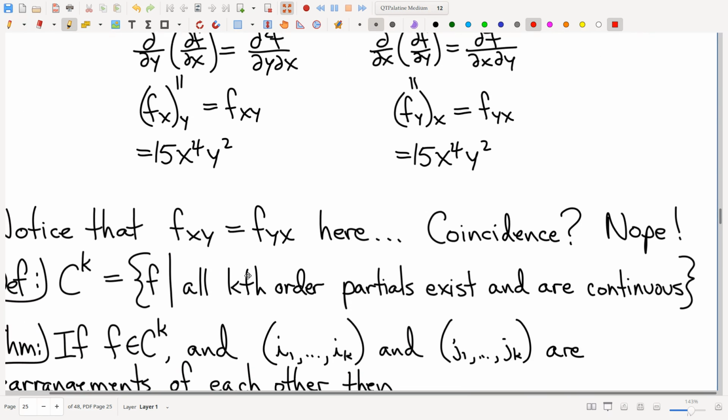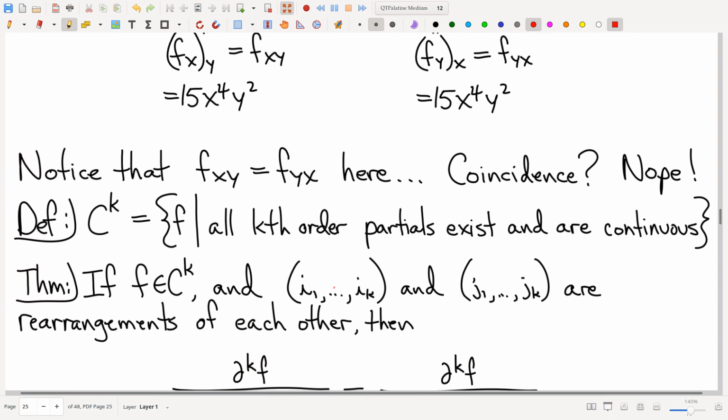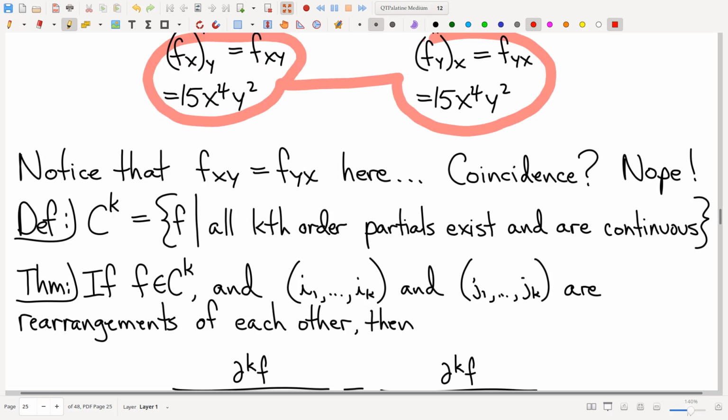Now, that does bring up an observation, and that is, you'll notice in this case, the y partial of the x partial and the x partial of the y partial happen to be the same. Weird.